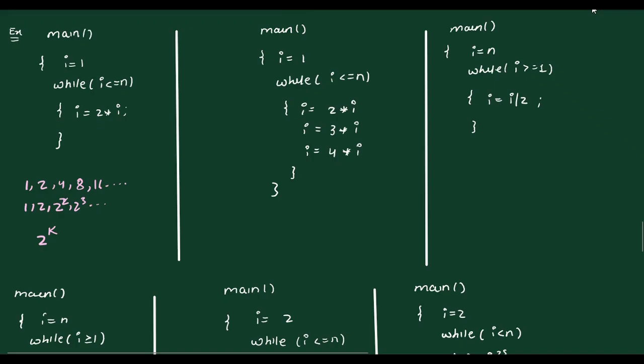Another way of seeing this is that it is a GP, and you can write any term of a GP as a r to the power n minus 1, that is 2 to the power k minus 1 upon 2 minus 1, and a is 1, right? So you can write it as 2 power k minus 1, and not being very specific, you can write it as 2 power k, and this loop will run until this becomes greater than n, right? So your k, taking log on both sides, comes out to be log base 2 of n. So the time complexity is big O of log n, right?